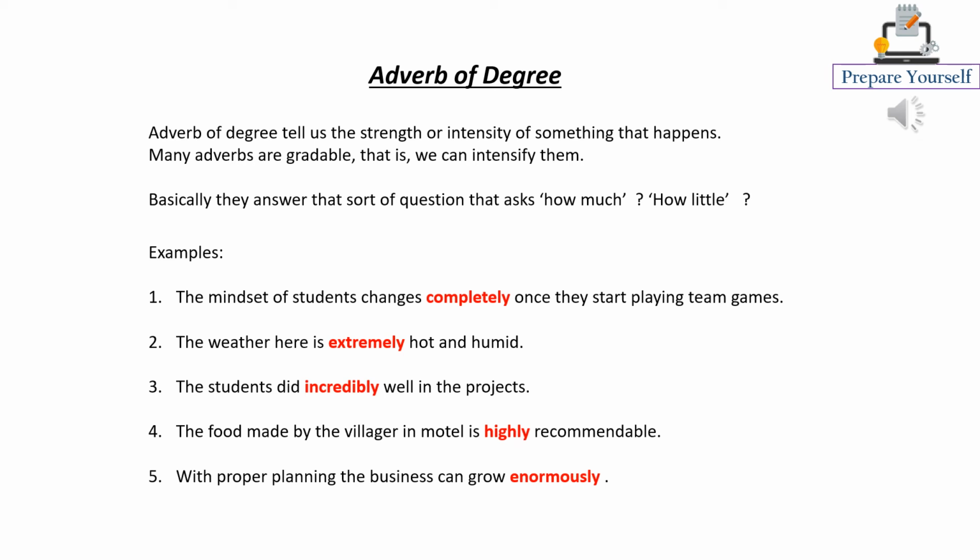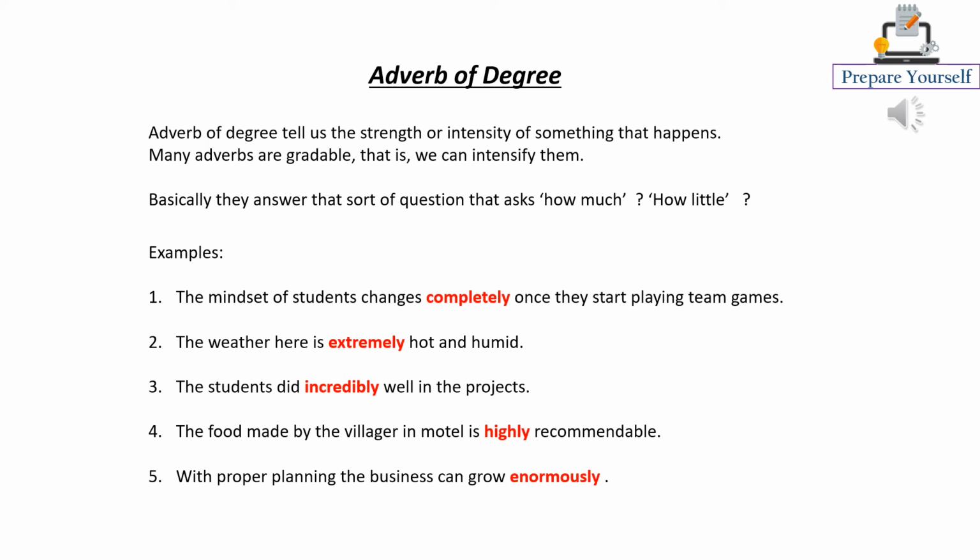Now let's have a look at the examples. Number 1. The mindset of the students changes completely once they start playing team games. How much does the mindset change? Completely.